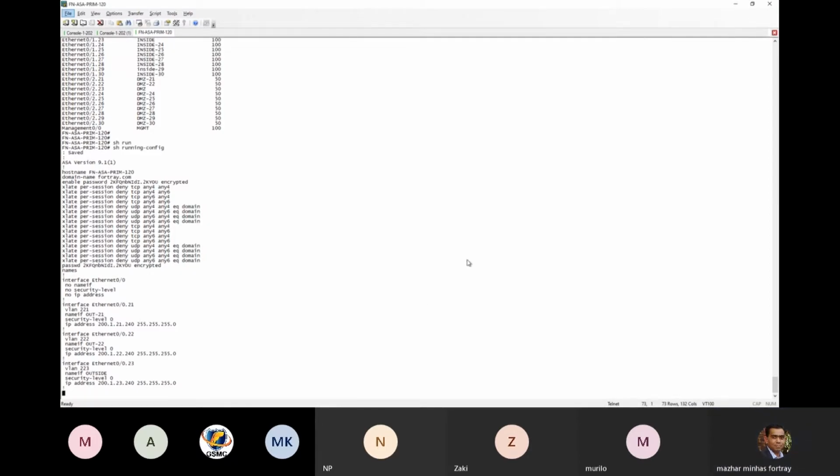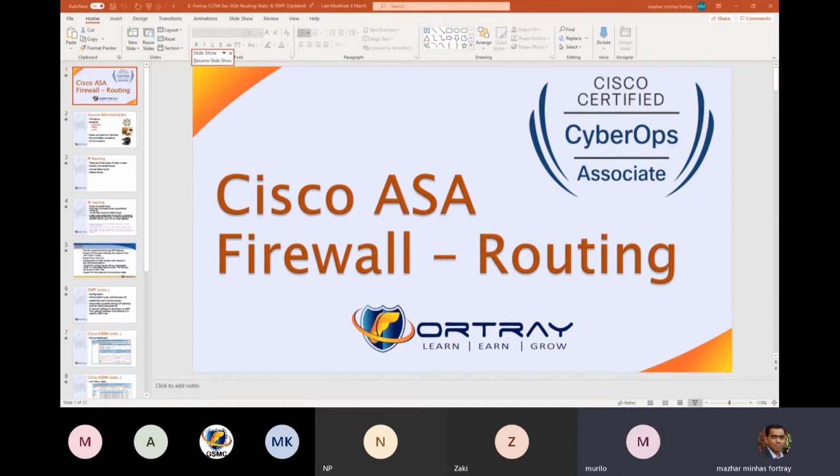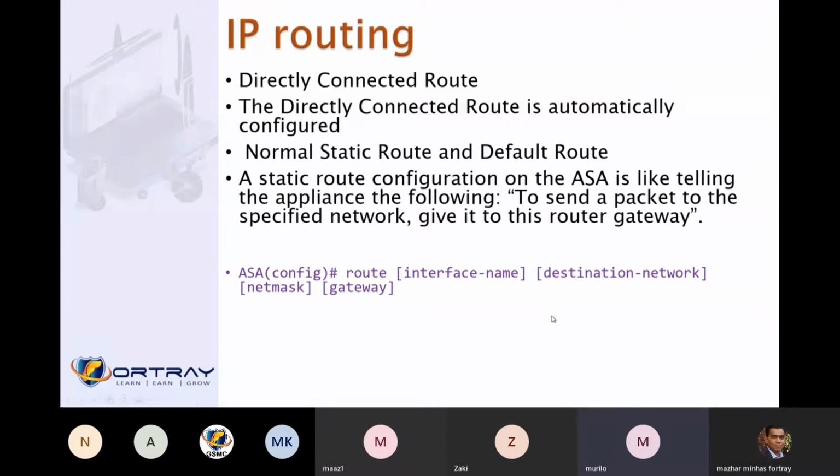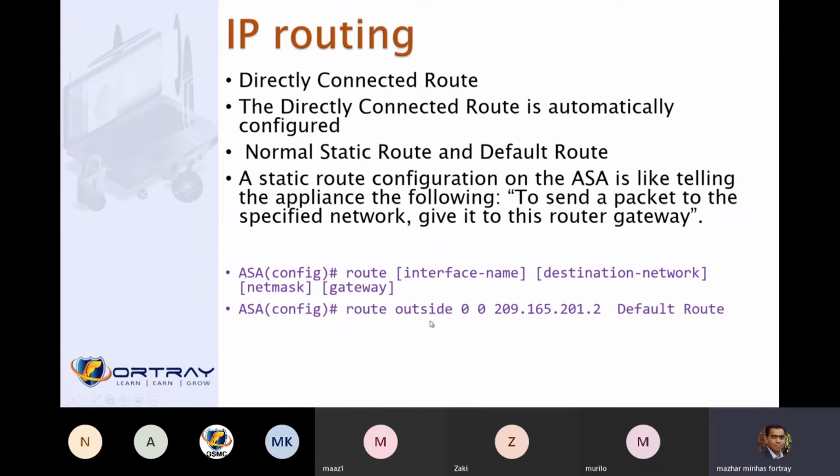Based on the topology diagram, you will be creating the static routes yourself. That's the command. You can also configure a default route, for example, route outside, the name of the interface.